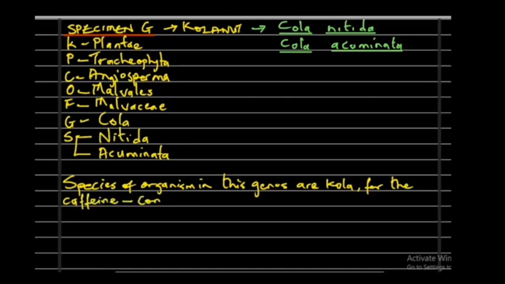Caffeine containing, the tree produces fruit, and so it's the fruit that we're actually looking at. So the caffeine containing fruit that is produced is not actually used as flavoring.